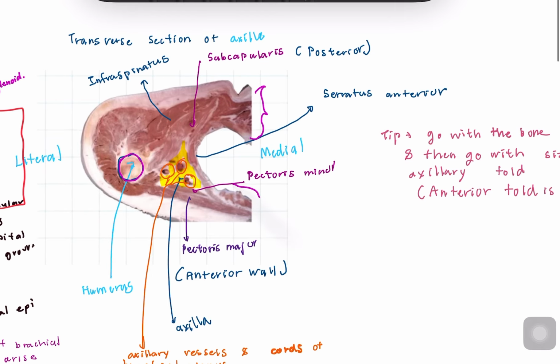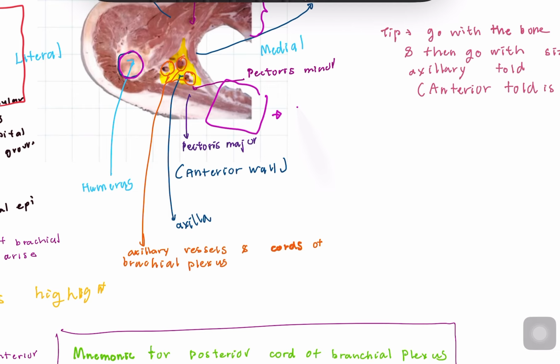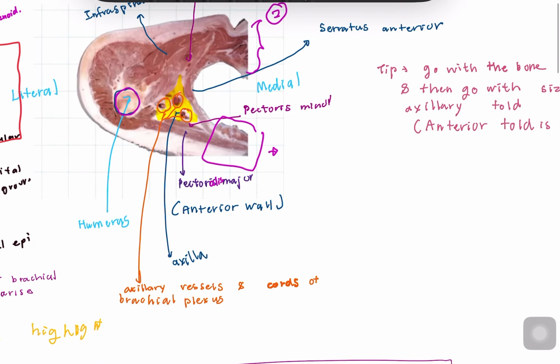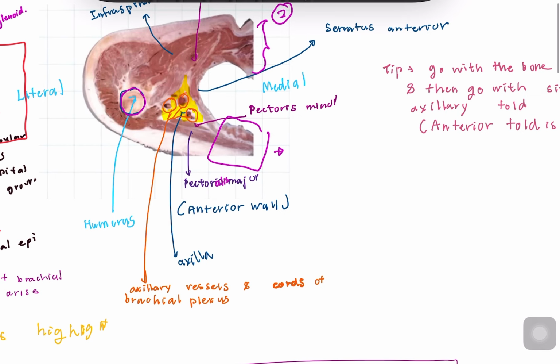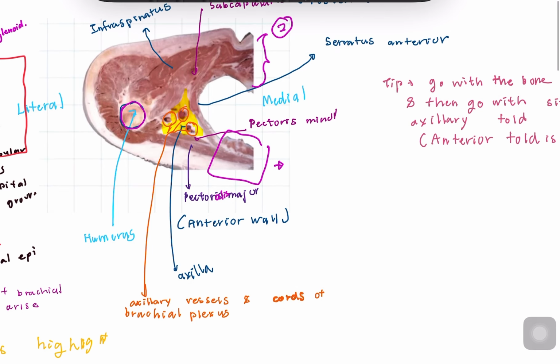So the anterior one is thinner. Why is that? The posterior one has subscapularis and infraspinatus, those two muscles, while the anterior part has the pectoralis major. So the anterior part is thin compared to the posterior part.